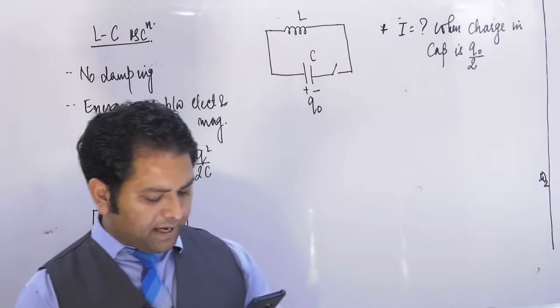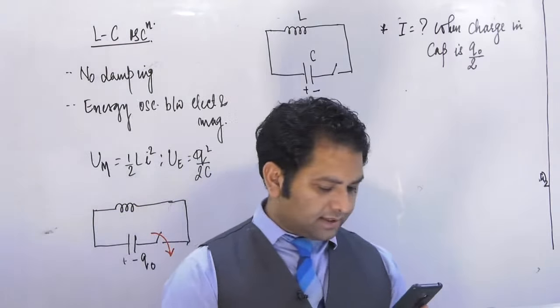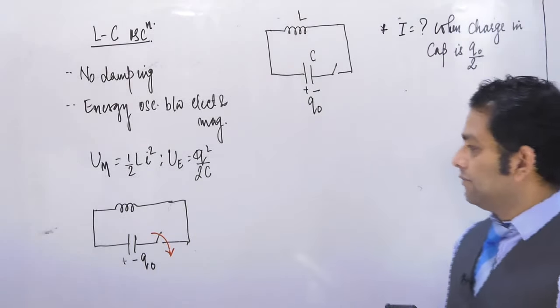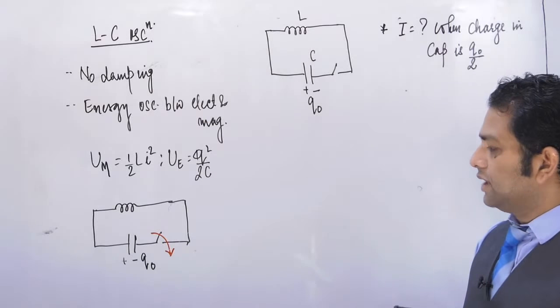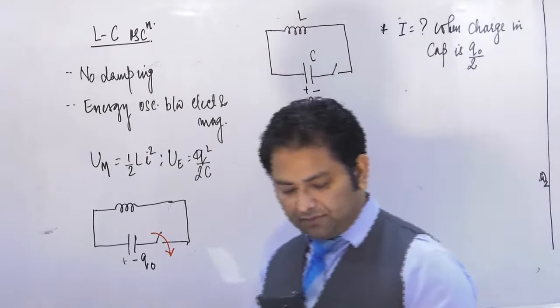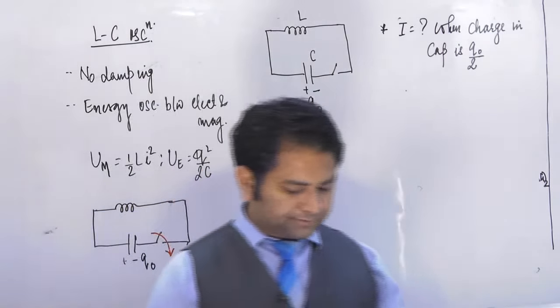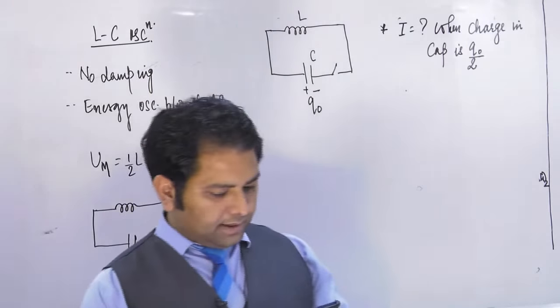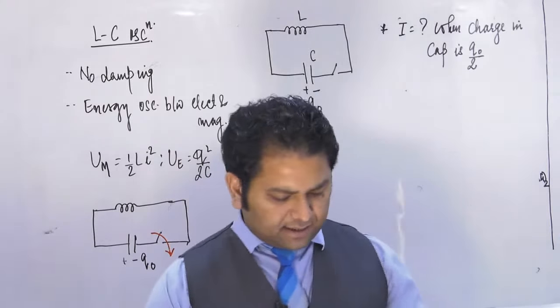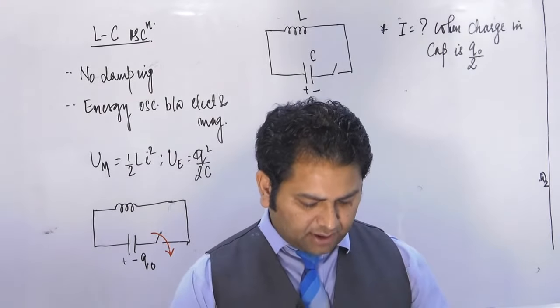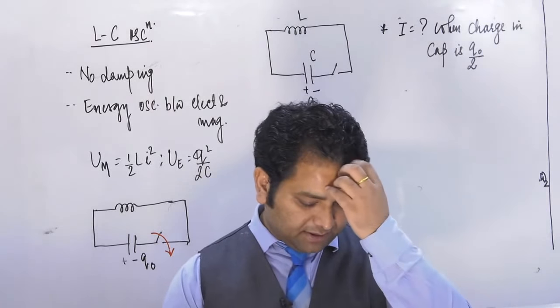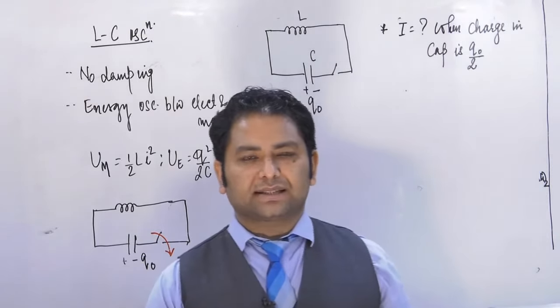Shivans, is there any parallel combination of these circuits? Parallel combination of which one, Shivans? If you can be a bit more precise. Shivans, LCR circuit parallel is not exactly defined in the syllabus, so I prefer not to discuss that.